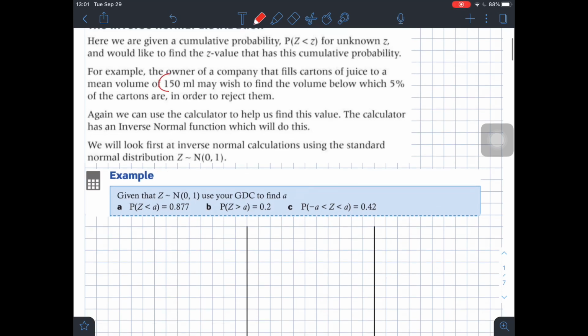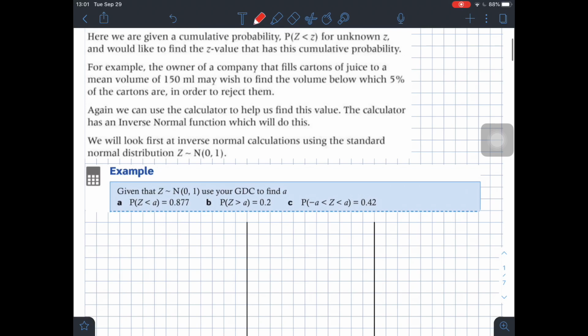So we have the mean in this case, and we have a determined probability which we want to avoid, because having cartons with less than 150 ml is not the best thing, right? So we're going to reject those.